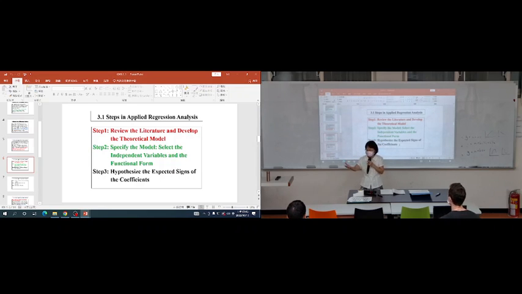That's why we say that we need to spend more time thinking about the relationship. This thinking is more important than just collecting the data. Without the thinking, you are not able to collect the correct data. The more time you spend here, the more chance you will get the correct data.